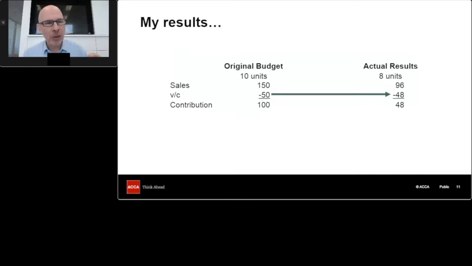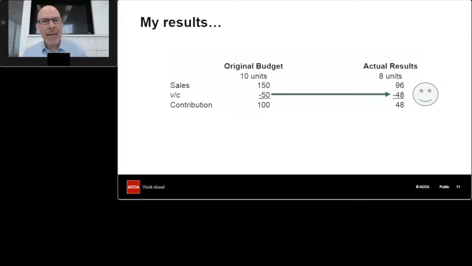So my original budget was $50 for the variable costs. My actual variable costs are 48. Well, I might say, oh, that's good news. I saved $2. Look at that. So the production team and the purchasing team did awesome. They saved money. Friends, that is the classic mistake.